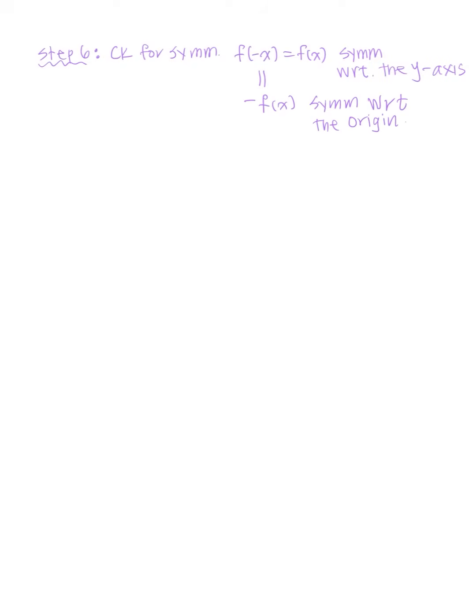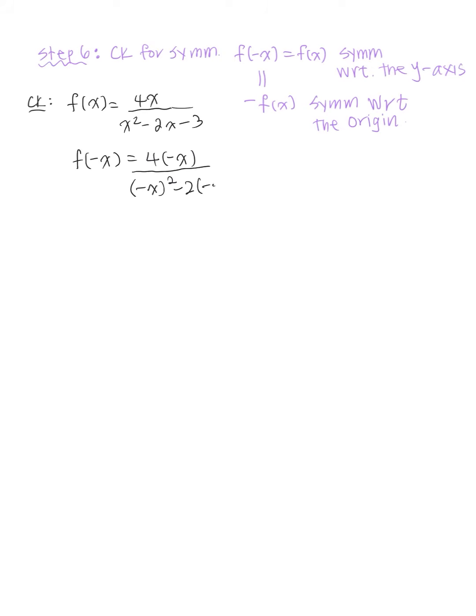All right, so let's check it. Here's our given function f of x. Let's compute f of negative x and see what's going to happen. So f of negative x is going to be 4 times negative x, whole thing divided by negative x whole quantity squared minus 2 times negative x, and then minus 3.